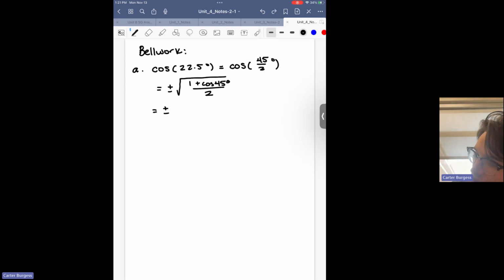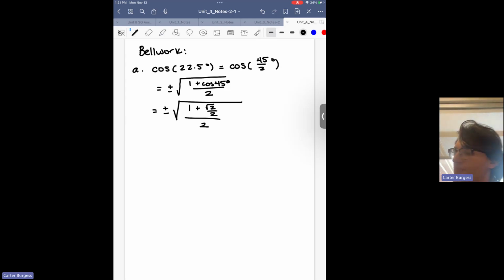That's just root 2 over 2. So 1 plus root 2 over 2, all divided by 2. This would normally fit the bill of something that I would want you to simplify. I'm okay with this kind of as is.